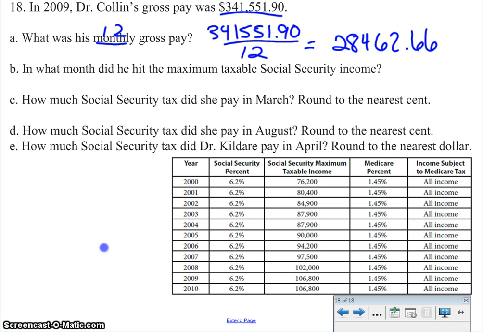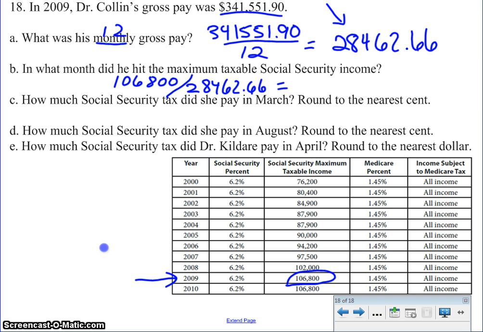It says here, in what month did he hit the table maximum? Well, if I go down here on the chart, for 2009, I see the table maximum for Social Security was $106,800. So I'm going to take that $106,800 and divide it by his monthly pay of $28,462.66.